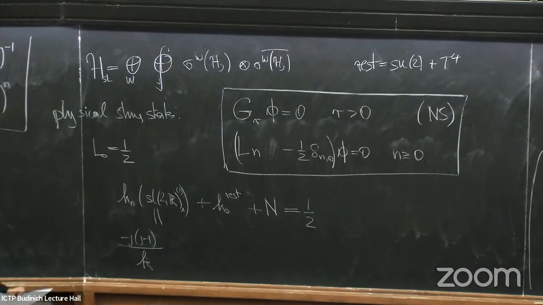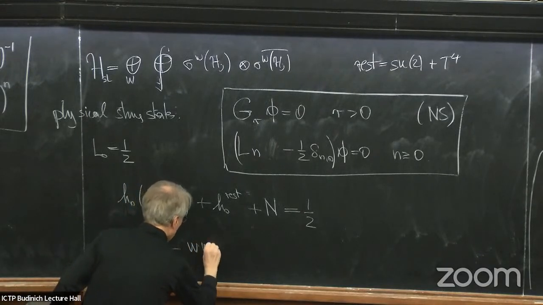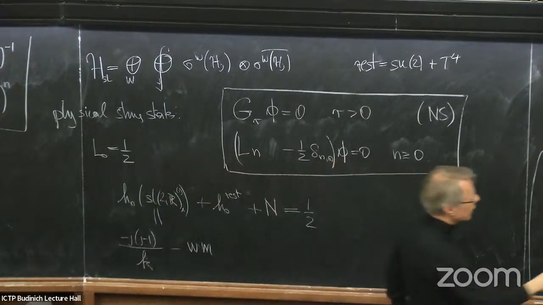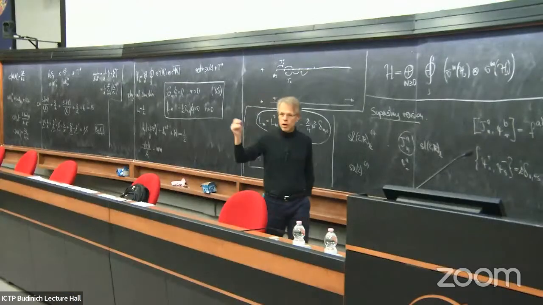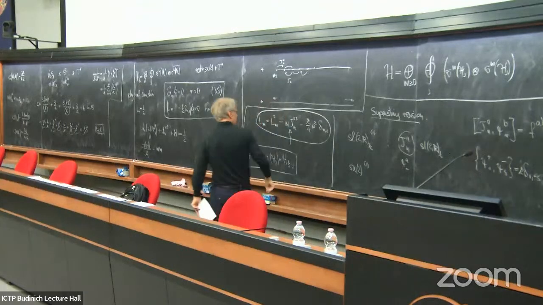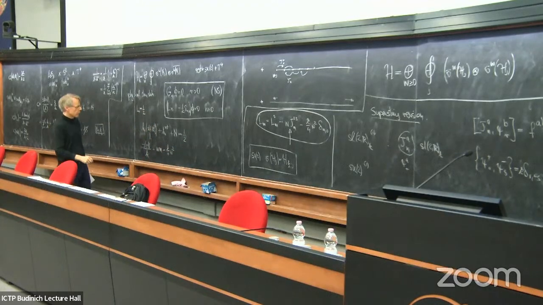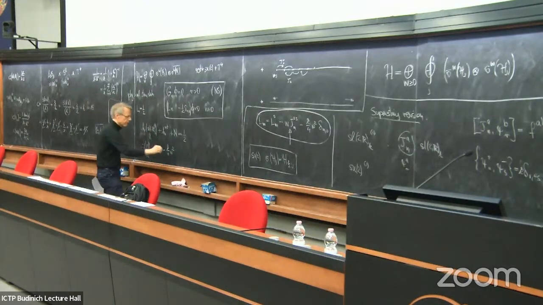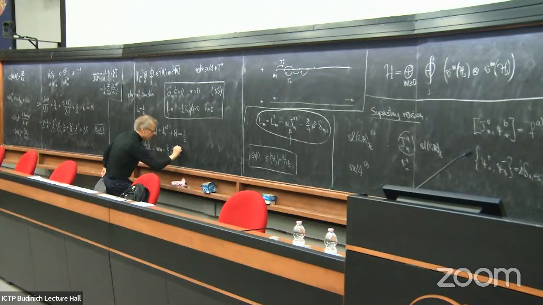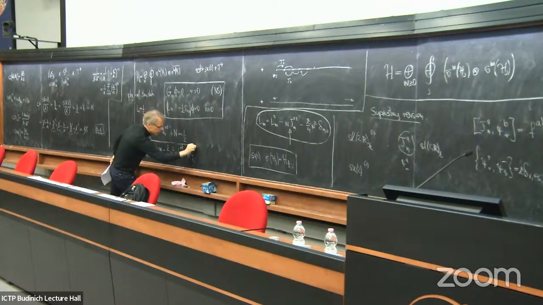And then it'll be minus W times M, where M is the eigenvalue of J03 before I apply the spectral flow. Then I have to subtract K over 4 times W squared. That is what this term is. Then plus H0 rest plus N is equal to a half. So this is the mass shell condition I have to solve.